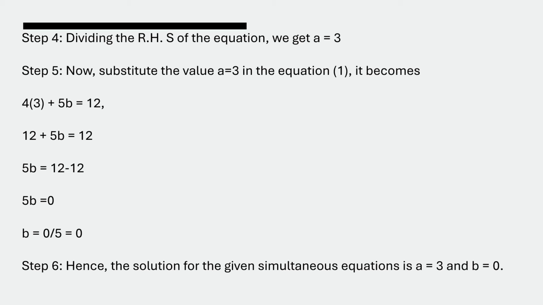So 5b is equal to 0. When 5b is equal to 0, when we solve for b, we will be getting b is equal to 0 by 5, that is 0. Next step is we could write the values of a and b. So the value of a we have already received as 3 and the value of b is 0.